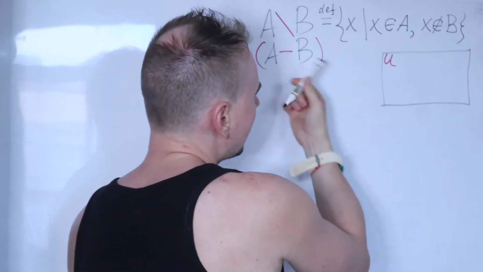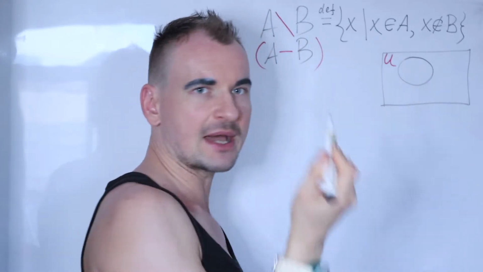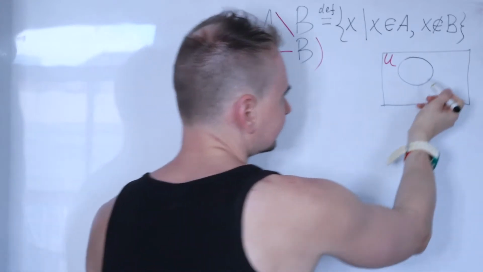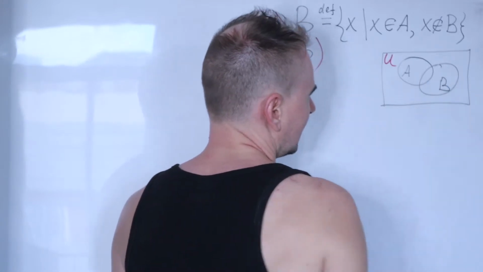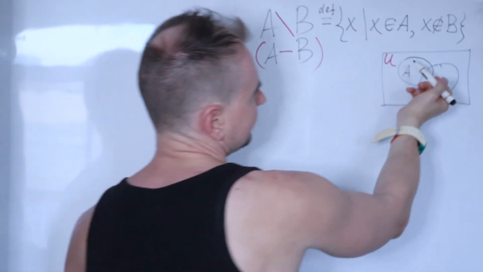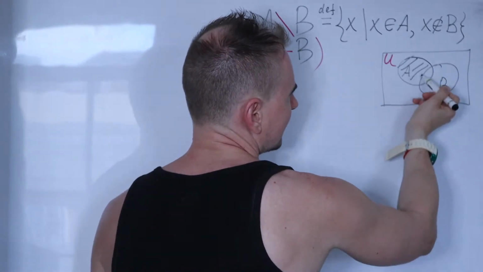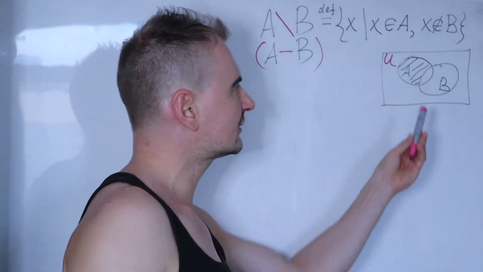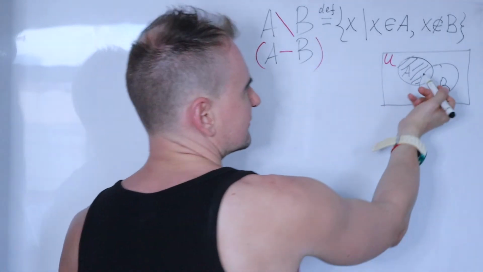And if you are given set A, let's represent it by an oval or any closed figure. So let's say this is your A and this is your set B. The difference between A and B would be, let's shade it, all elements that are in A but not in B. Since this part contains the elements of B, we would shade just this part.